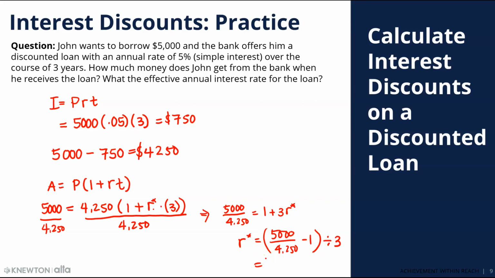And then you plug this into your calculator, you will get 0.0588, and this is approximately equal to 5.9%. So the effective annual interest rate is actually bigger than the published rate, which is 5%. So the effective annual interest rate here is 5.9%.